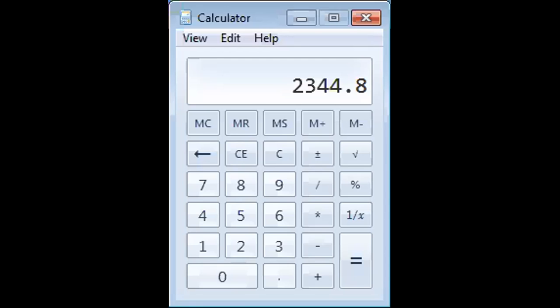Yes. 2344.8. So what is this? This is H3 dash.